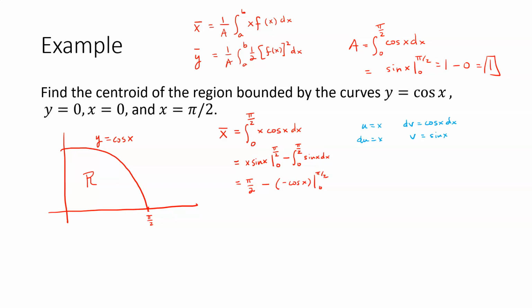We know cosine of pi over 2 is 0, and cosine of 0 is 1. So it'll be 0 minus 1 when we evaluate cosine at pi over 2 and minus at 0. So here our x bar will be pi over 2 minus 1.